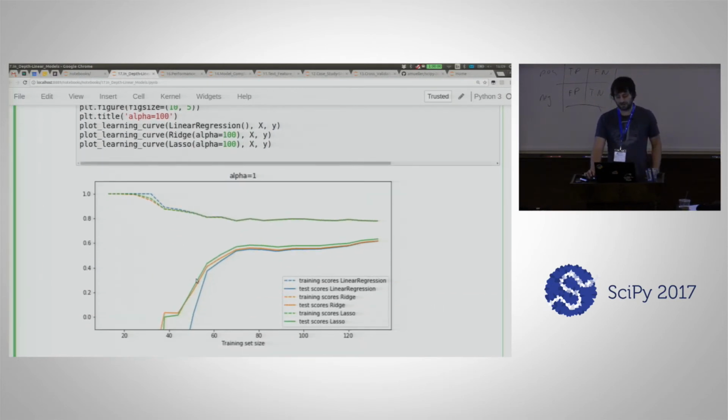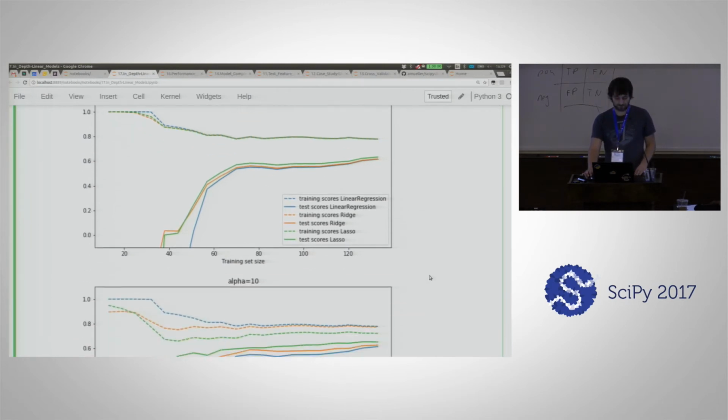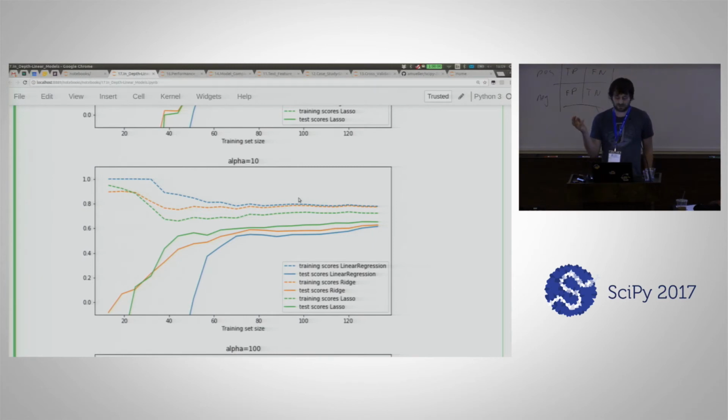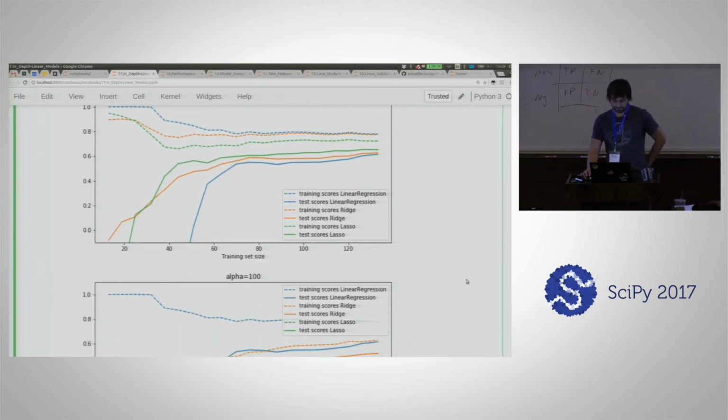They work somewhat better with less training data, but the difference is smaller. With alpha equal to 10, it was the best result we got with grid search. They're both much better. They get better results for all numbers of training samples, and also for fewer training samples.